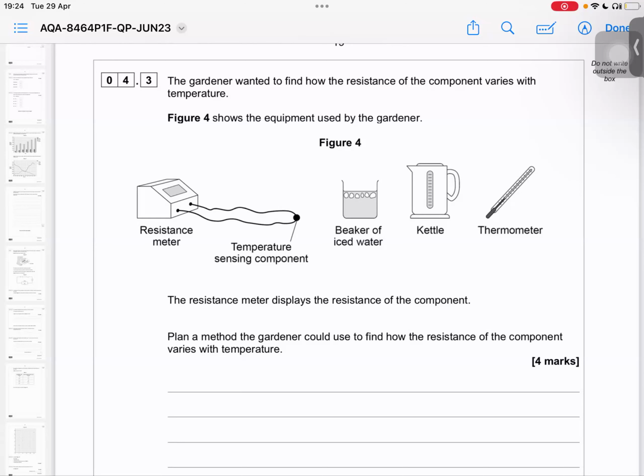Then there's a kettle there that we can use to heat water, and we'll be adding the hot water to the ice water to help us increase the temperature. So as the temperature is increasing, we will be confirming if the resistance is reducing by measuring both the temperature of the iced water and the resistance from the resistance meter.